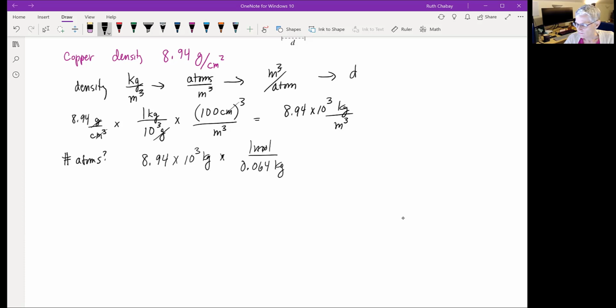And then we know Avogadro's number, so there's 6.02 times 10 to the 23rd atoms per mole, which gives us 8.41 times 10 to the 28 atoms per cubic meter.